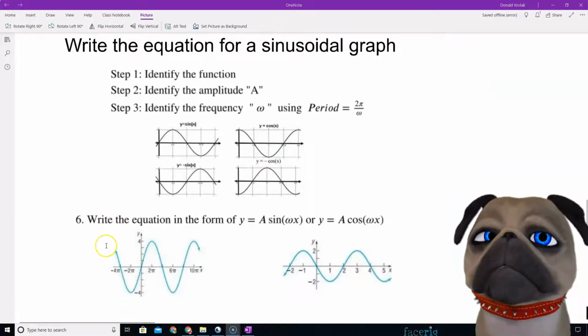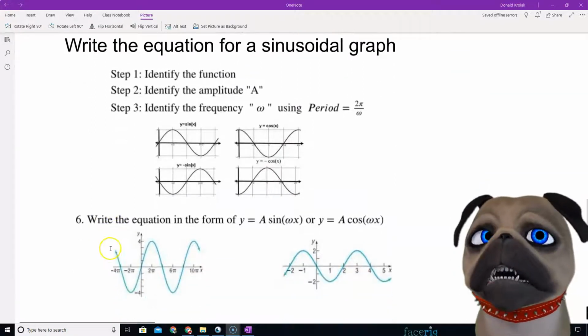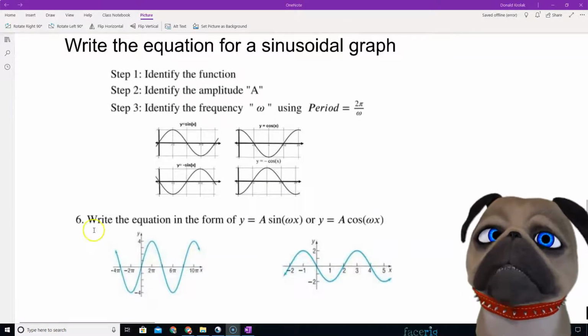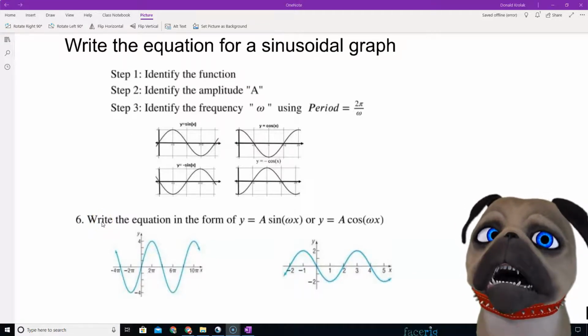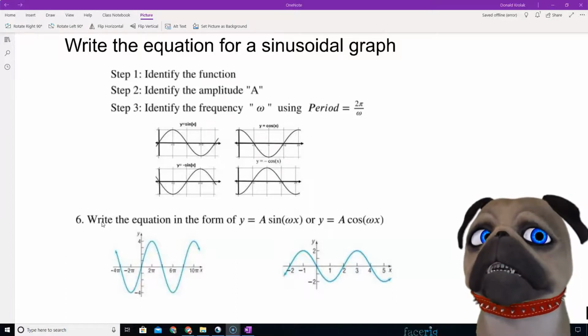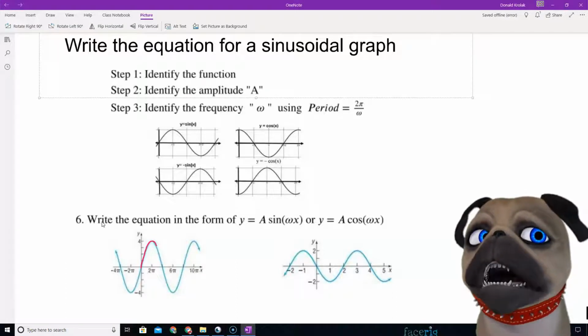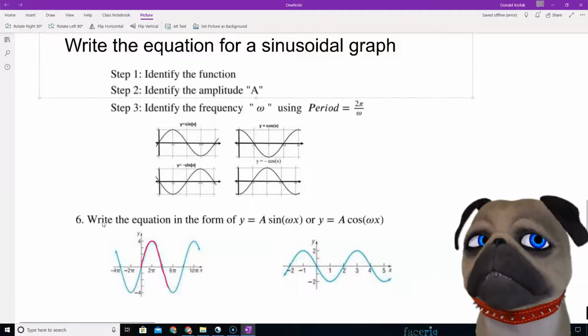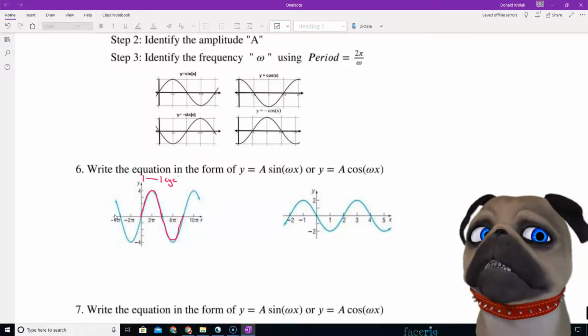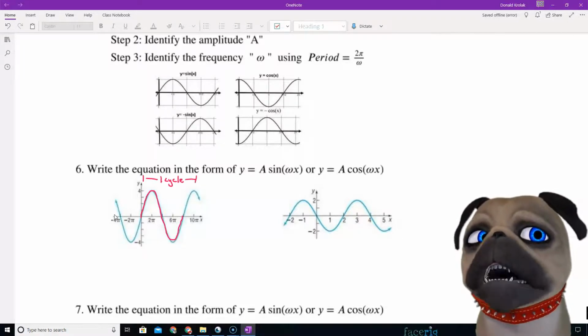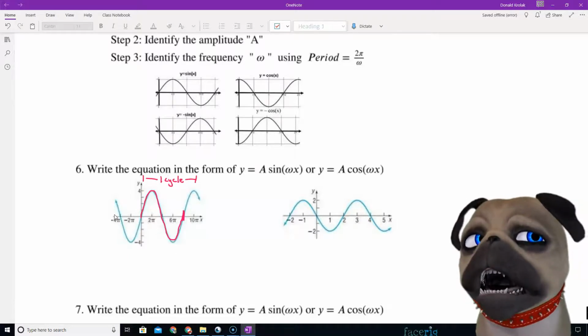The last part is you're given the graph and you have to find the equation. So here are your steps. First of all, you have to identify the function. Is it a sine, a cosine, or one of those flipped? When we look at this first graph, we can see this is going to be a sine function, and I'm going to trace 1 cycle. So 1 cycle of sine looks to be 8 pi.